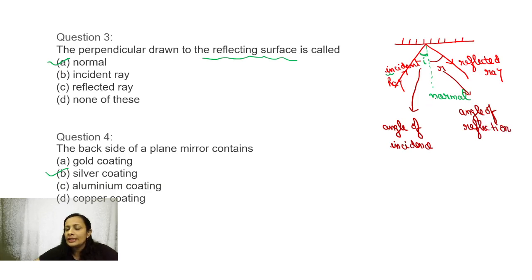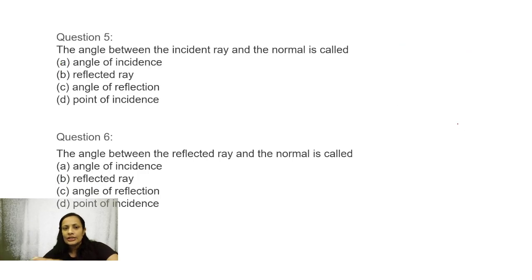So the angle between the incident ray and the normal is known as angle of incidence. So option A is the correct one. Why? Because it starts with I.